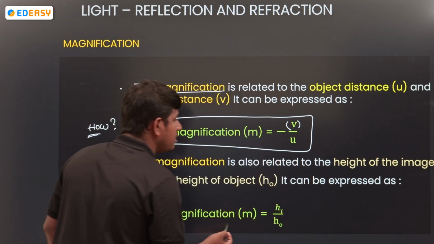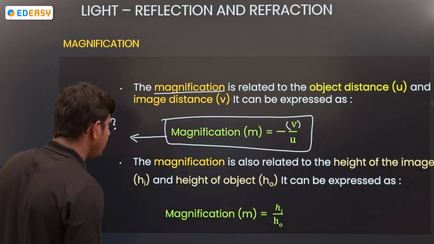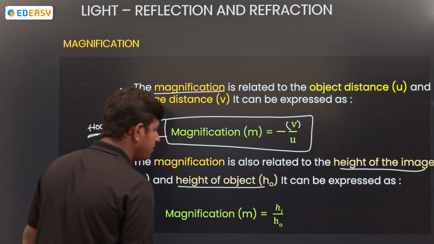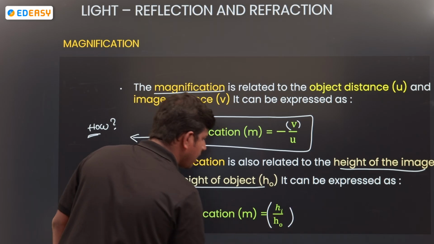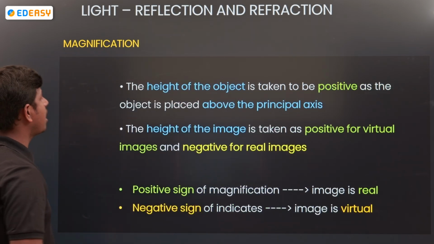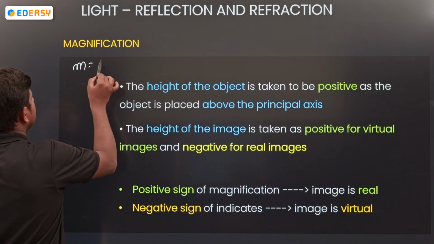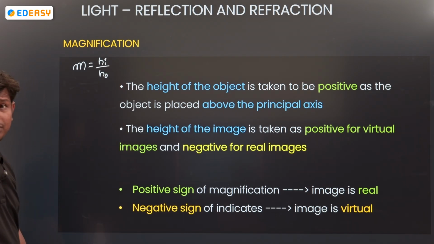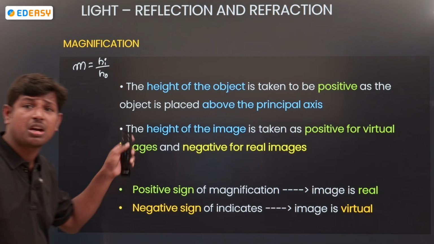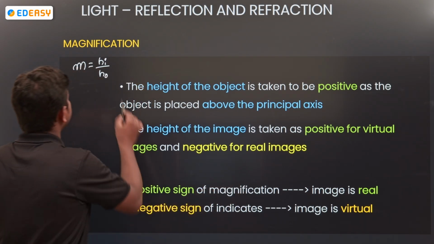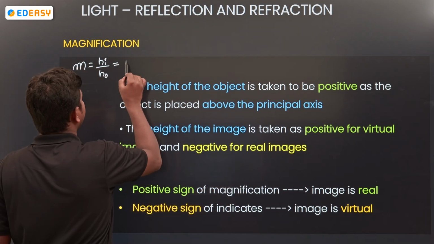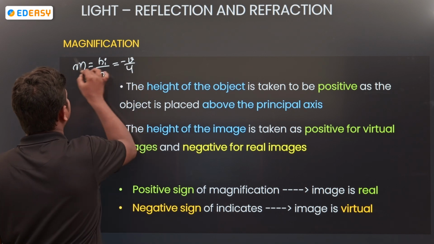Next, magnification is also related to the height of the image and the height of the object. We have two formulas for magnification. Magnification is equal to height of the image by height of the object, and in terms of distances, minus v by u.